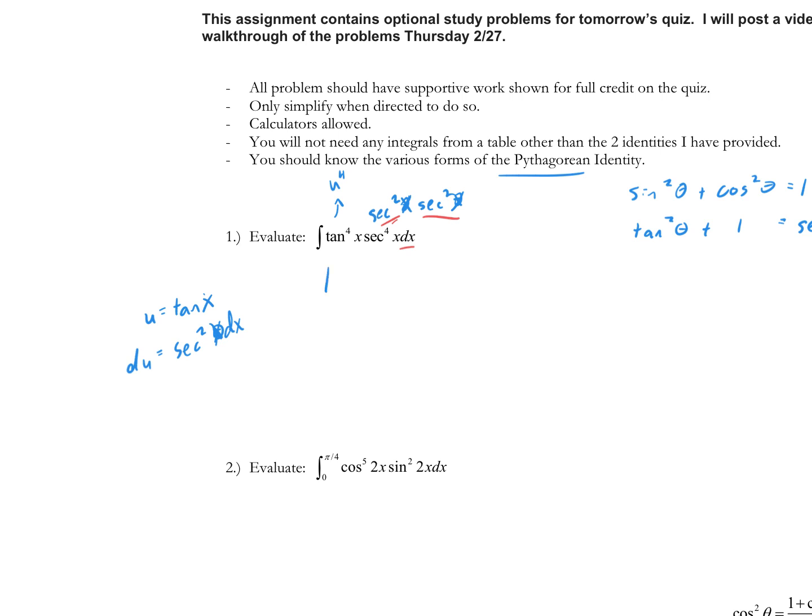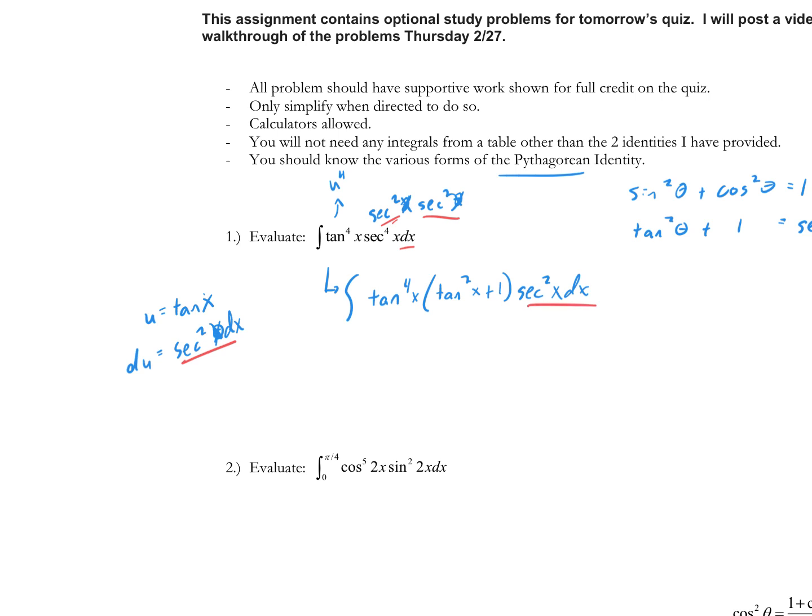And so then we'll take our integral, and first I'm going to rewrite it before the u substitution with all the tangents. So we have tangent to the fourth x. The first secant squared we're writing as tangent squared x plus 1. And then the second secant squared x stays to be the du in my u substitution.